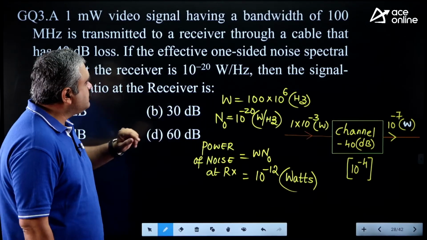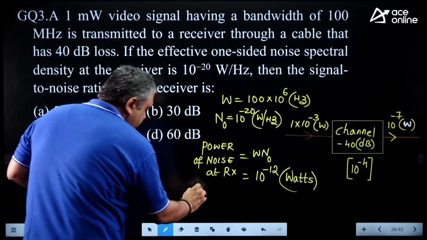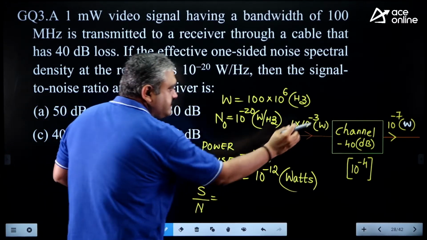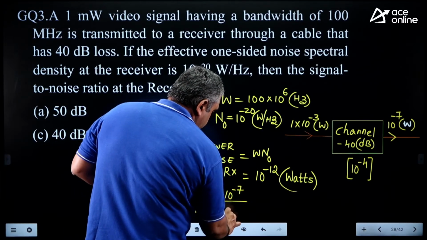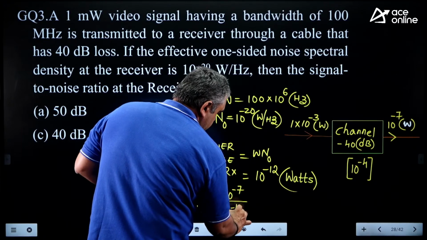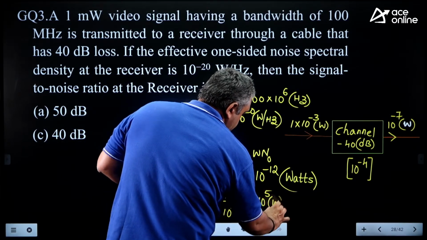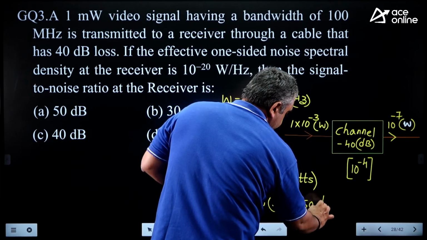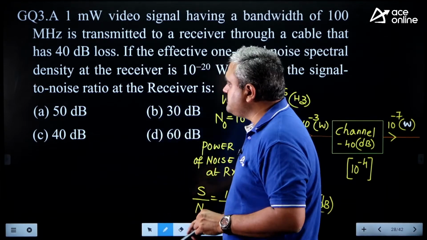Now what is the question asking? Signal to noise ratio at the receiver. So what will be your S by N? Signal power at the receiver side, 10 power minus 7, divided by noise power at the receiver side, 10 power minus 12. So this becomes 10 power 5. Now the question is in dB, so 10 power 5 I can write as 50 dB. That's all. So your correct choice will be the option for 50 dB.